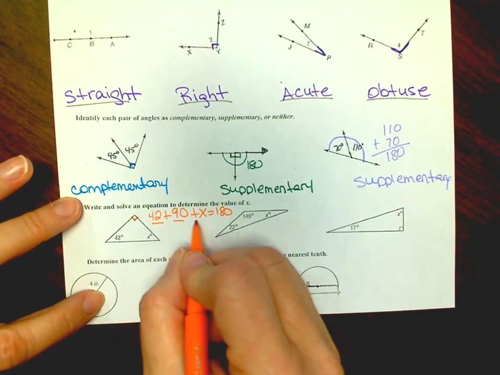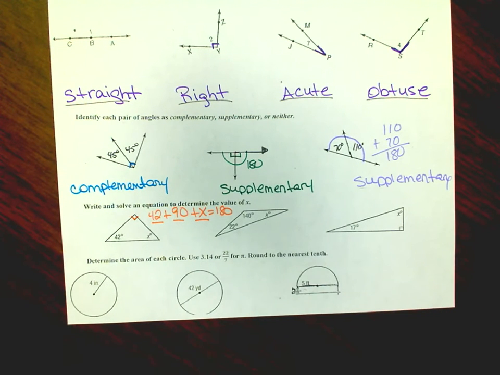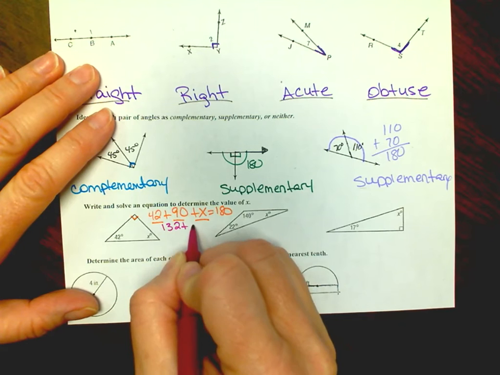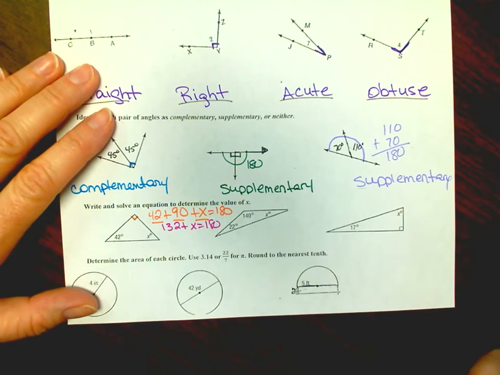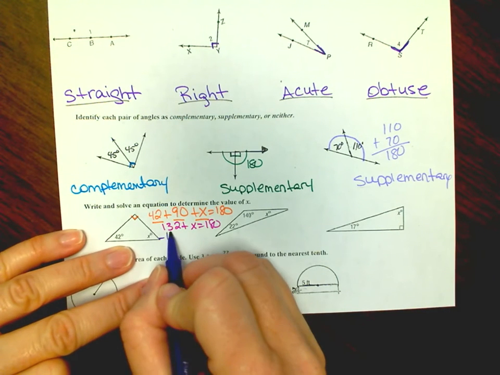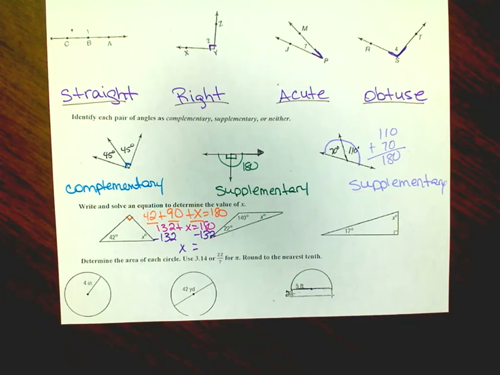You have to have three angles to make up a triangle, which would be 180. So 42 plus 90 is 132, plus x equals 180. You're down to a one-step equation. To get x by itself, you want to subtract 132. So your x would equal 48.